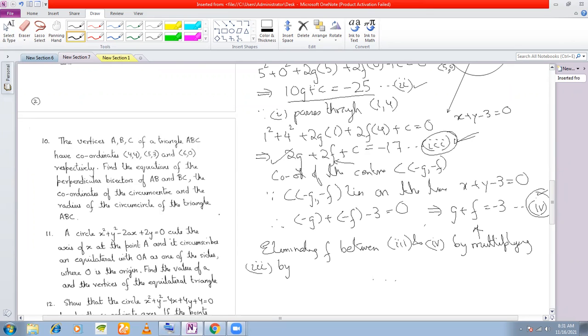We're multiplying by 2 simply, isn't it? Yes, g plus f is equal to minus 3, and this is 2g plus 8f. Okay, so this is g plus f.